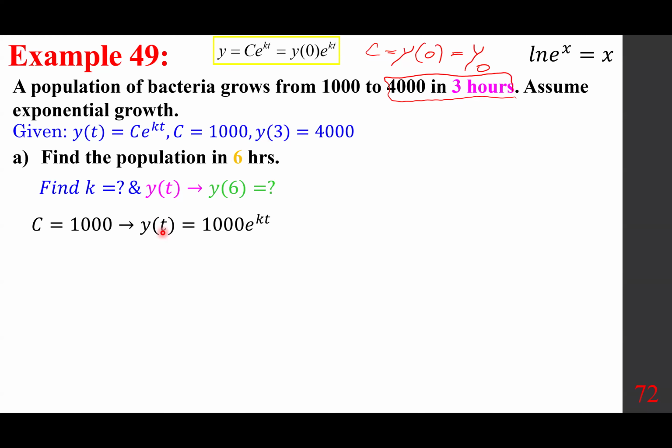So if I replace the t with number 3, I get y of 3 equals 4,000 equals 1,000 e to the power of k times 3. So one more time, y of 3 is 4,000, and in this formula, I'm going to replace the t with number 3.